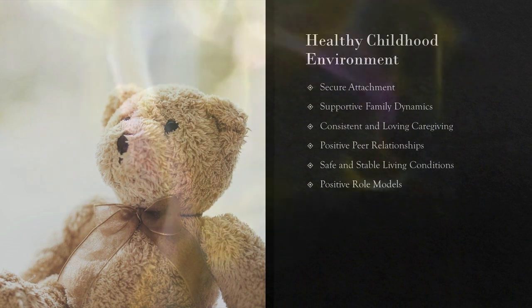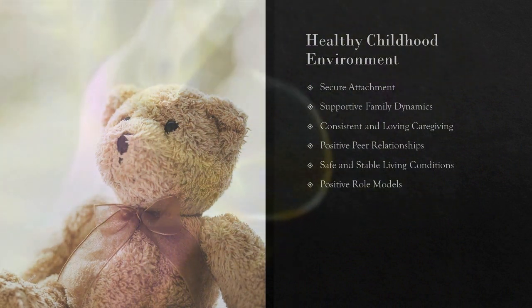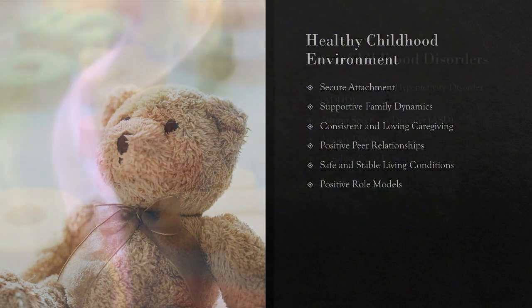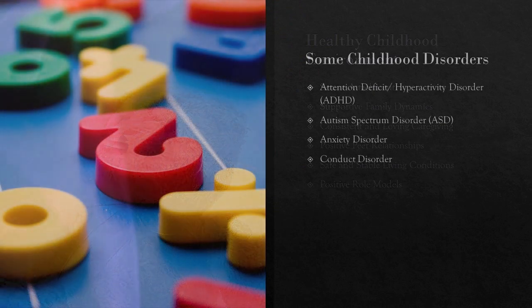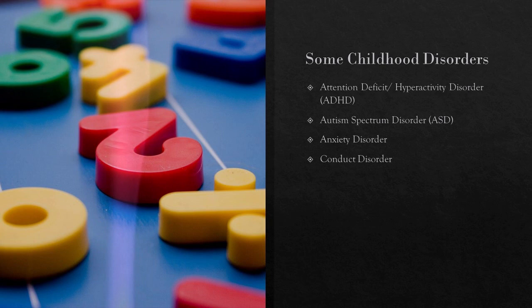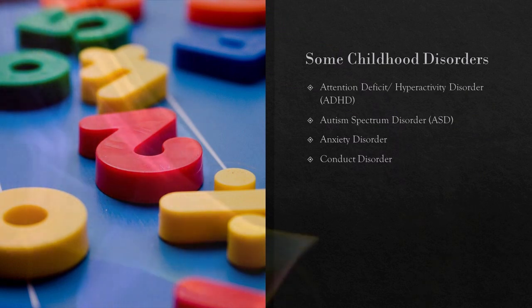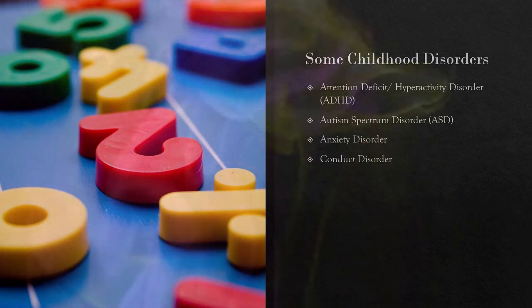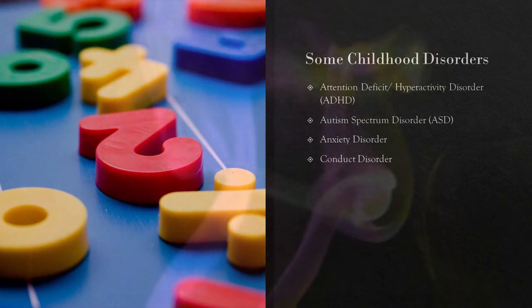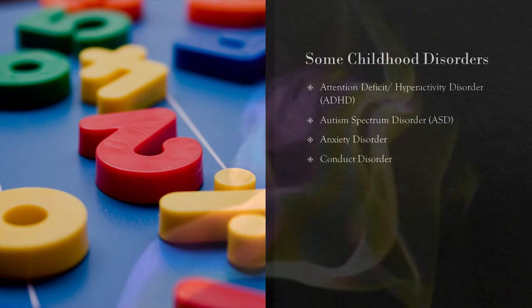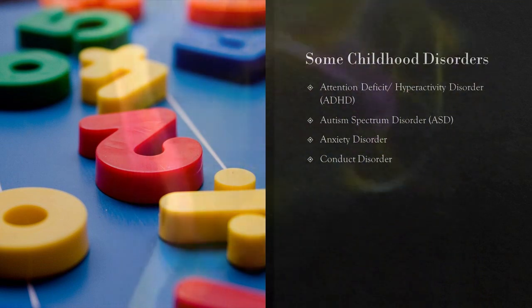There should also be healthy peer interactions that contribute to the social development of a child. So opportunities for positive socialization, cooperation, and conflict resolution all help to foster essential social skills and emotional regulation. Now, a physically safe and stable living environment is also crucial for a child's well-being.